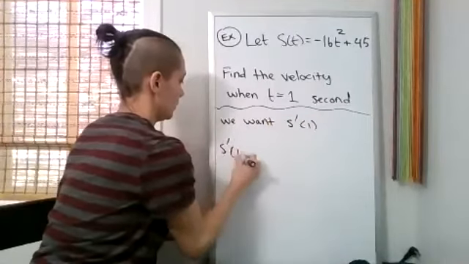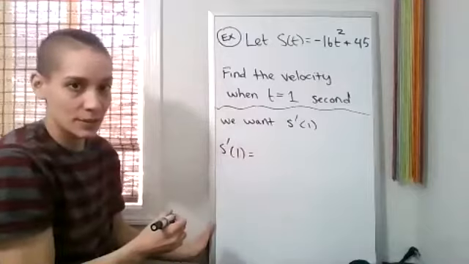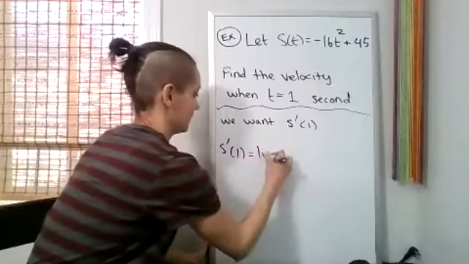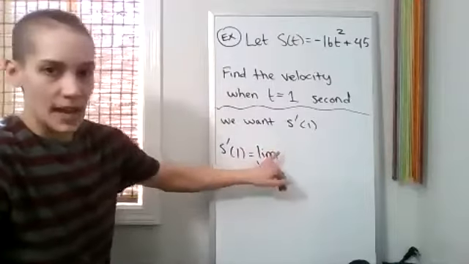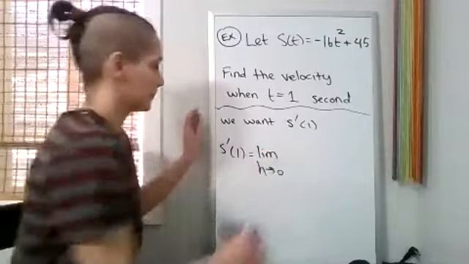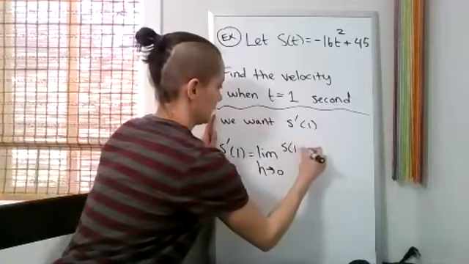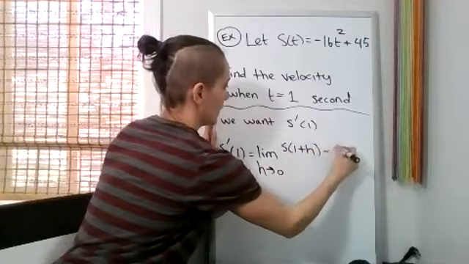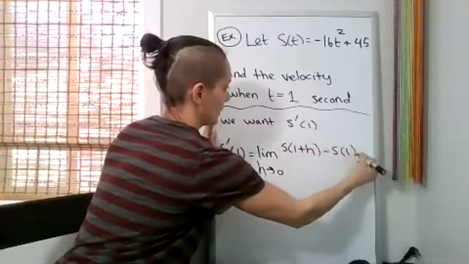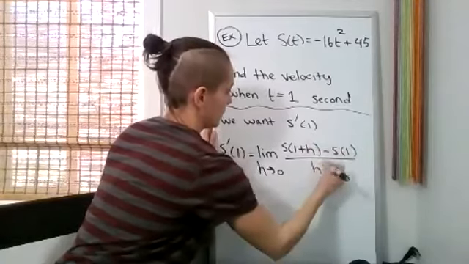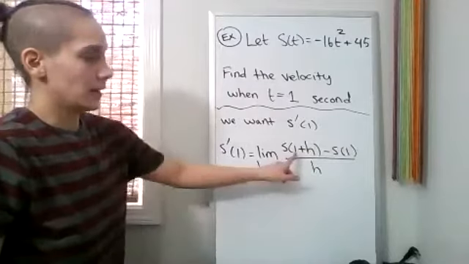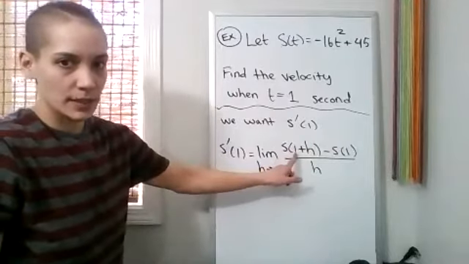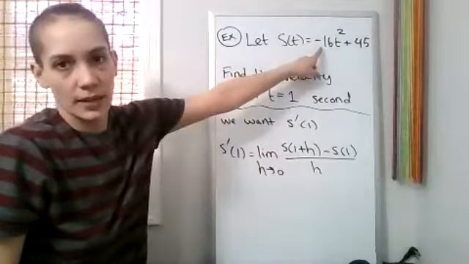S prime of 1 is the limit as h goes to 0 of S of 1 plus h, take away S of 1, divide by h. 1 plus h is the first input to that function.